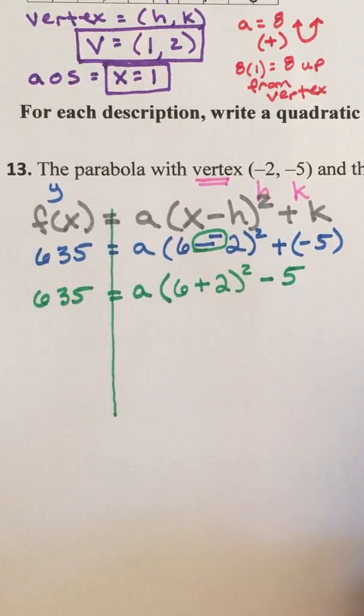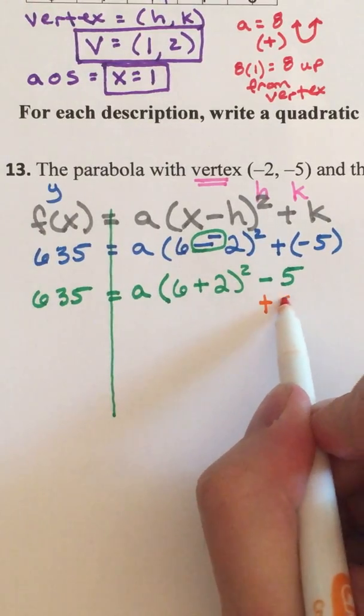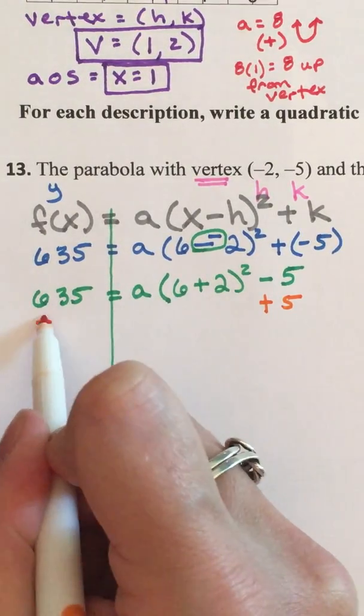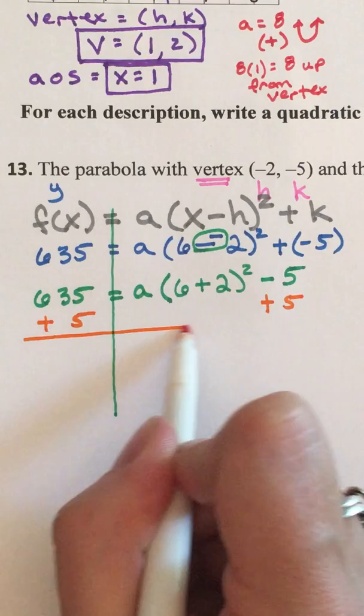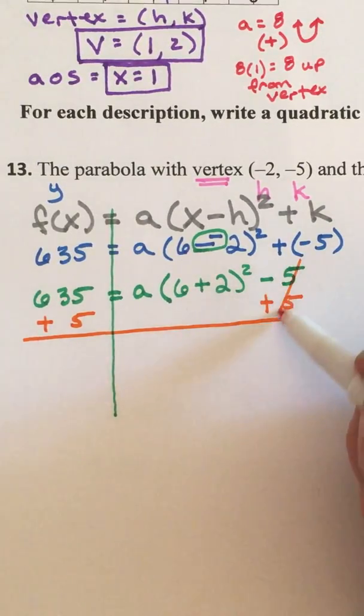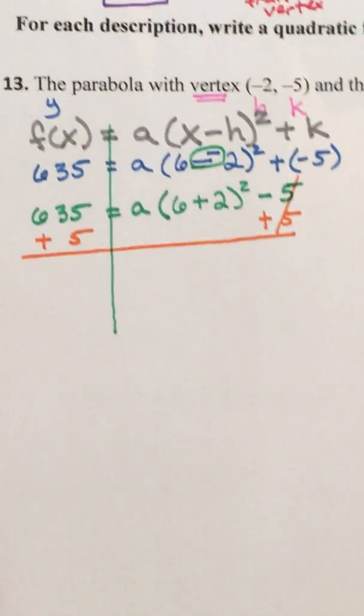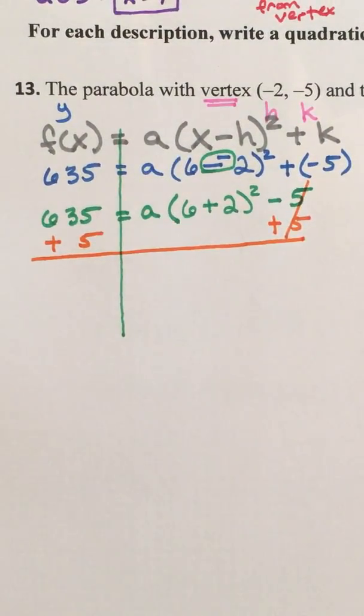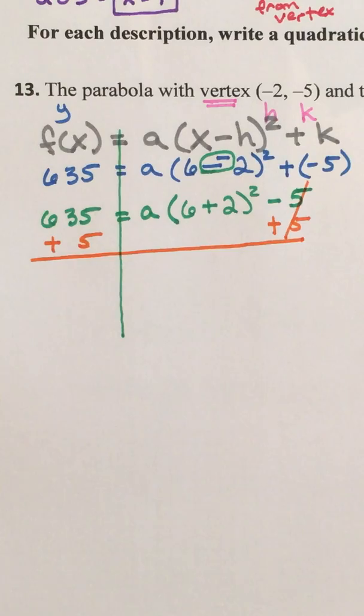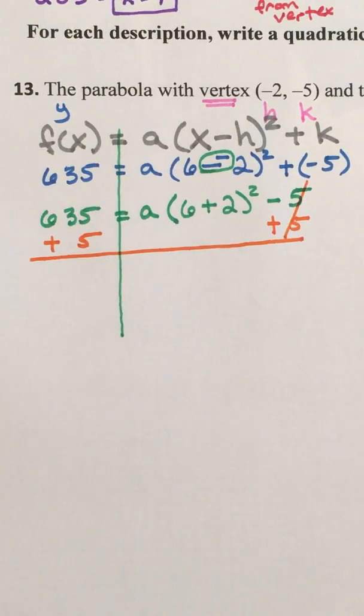Well, we can add the 5 over, so my 5's on the right cancel, and on the left, 635 plus 5, that's going to make 640.